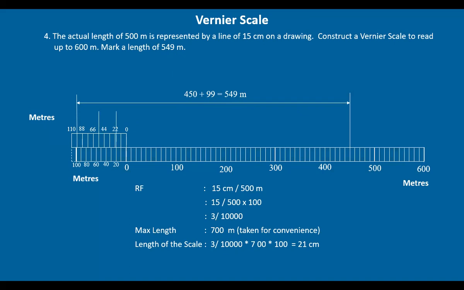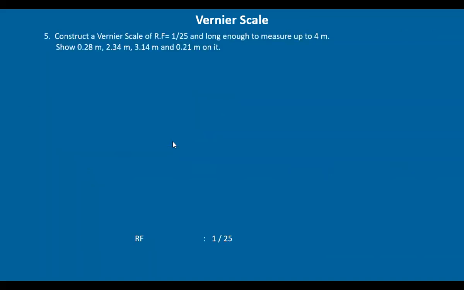And another length also you can show, that is, suppose you want 35 meters. We have readily 55 meters available here. This is 55. Okay. 55 minus 20. This 20 is taken in the bottom scale. 55 minus 20, that is 35 meters. Okay. So like this, you can show any length.